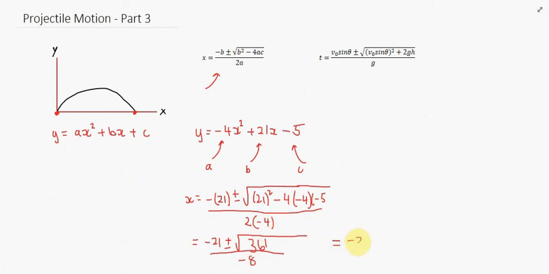So I'd still have negative 21 plus or minus the square root of 361, which is equal to 19, and all of that over negative 8. So I have two options here. One is going to be negative 21 plus 19 over negative 8, and the second option is negative 21 minus 19 over negative 8. So let's just do this one.